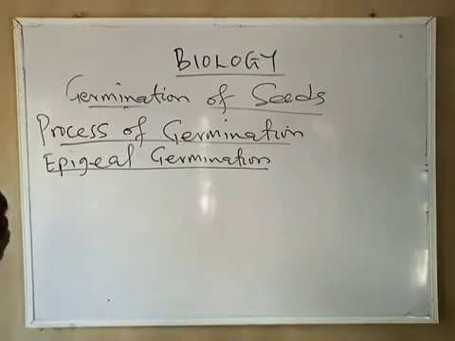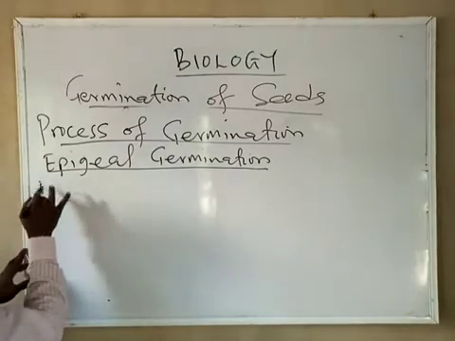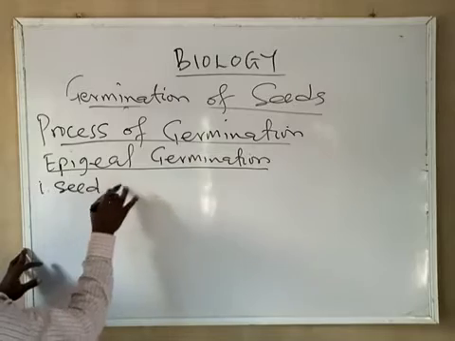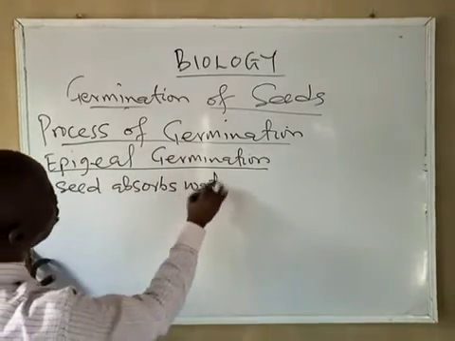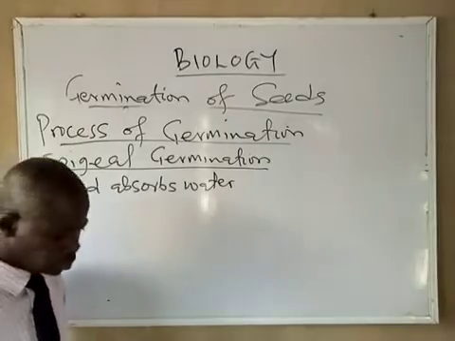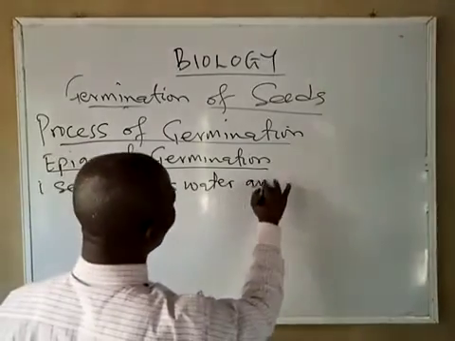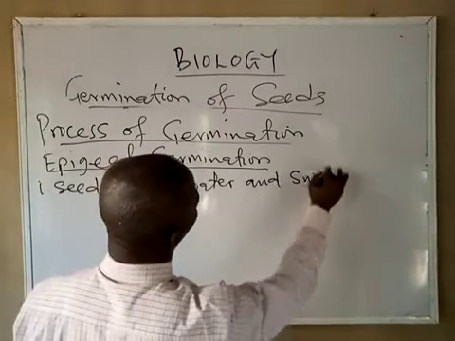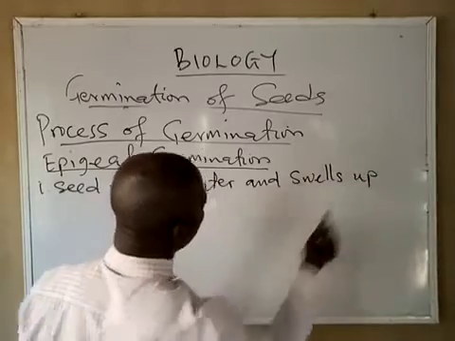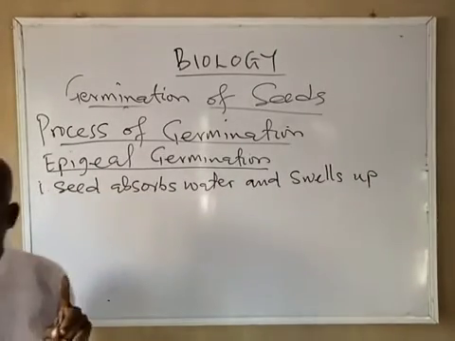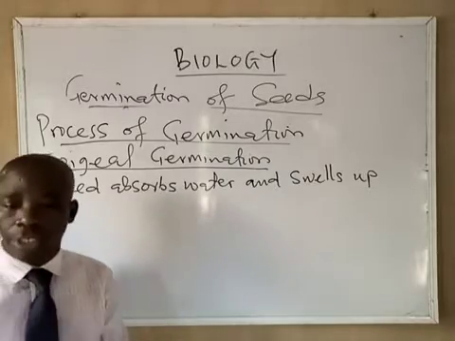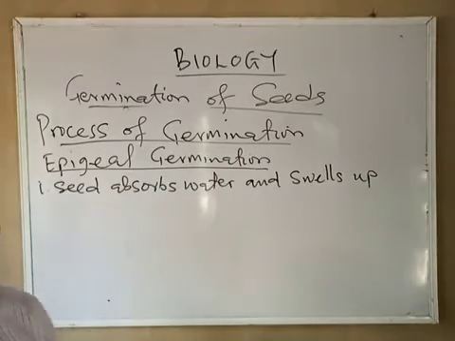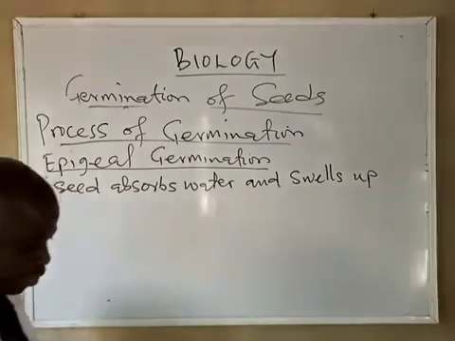Number 1, the seed absorbs water or moisture and swells up. That is the first thing that happens, and that one will happen whether it is epigynous germination or hypogynous germination.